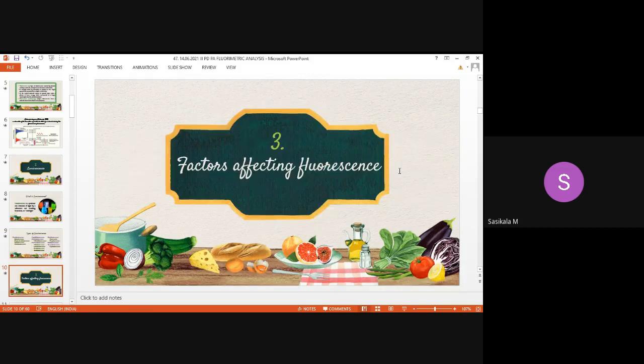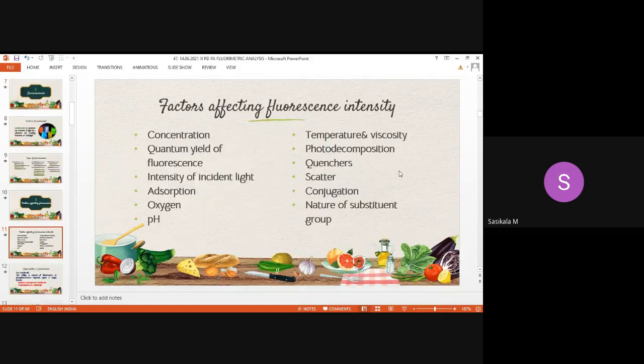Let's move on to factors affecting fluorescence now. There are around 12 factors I have given here, according to the references, under factors affecting fluorescence intensity. One is concentration. Second one is quantum yield of fluorescence. Then intensity of incident light.